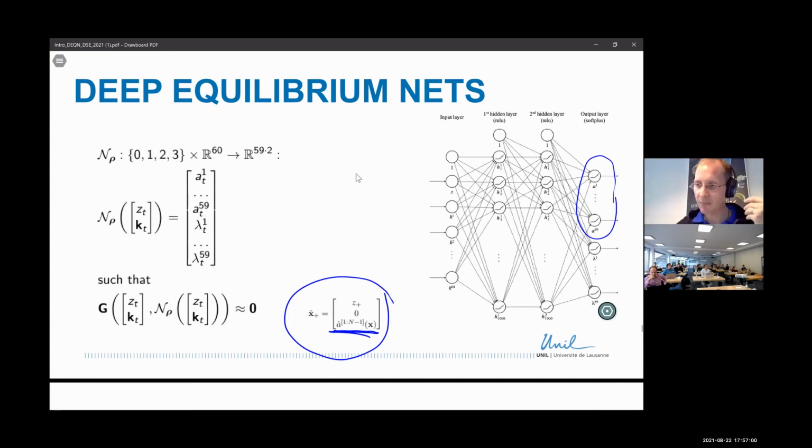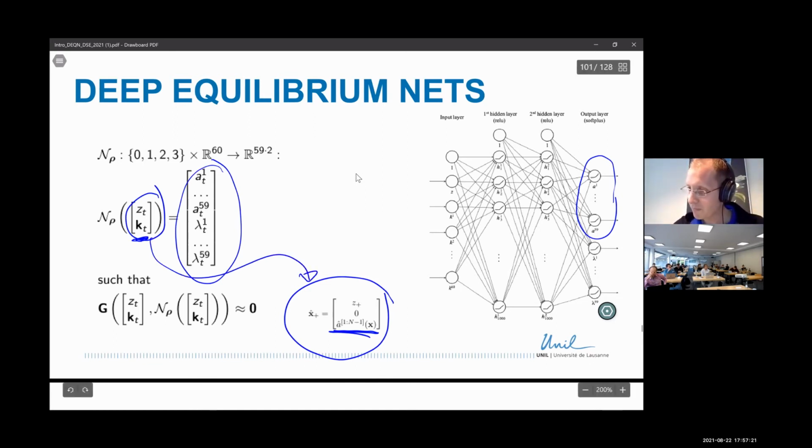So again, let me repeat. What we will do is we draw a combination of the shock and K. We randomly initialize the weights that parameterize these policies. Then we simulate forward with this prescribed law of motion.